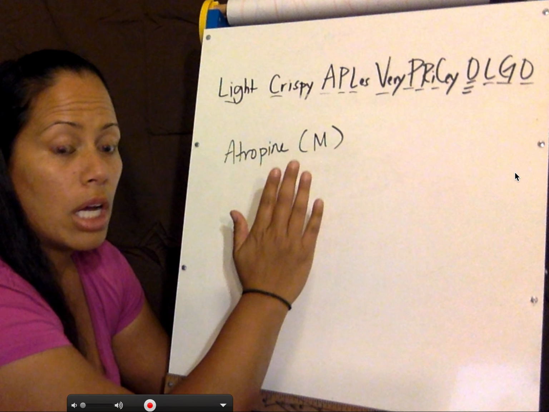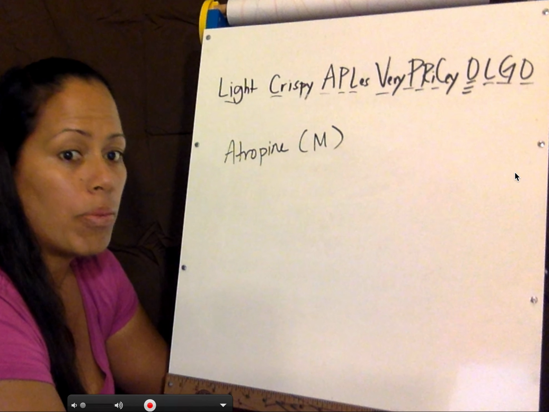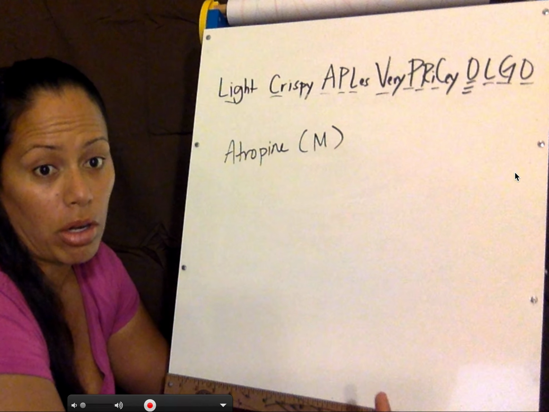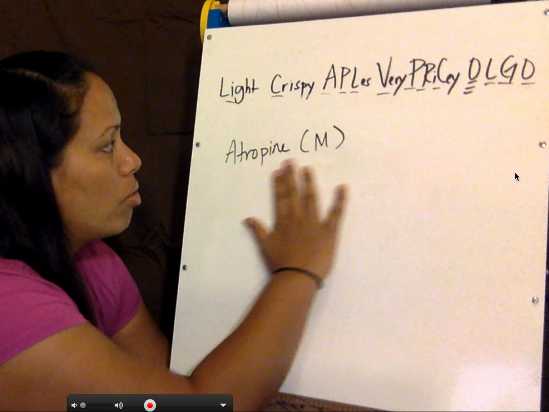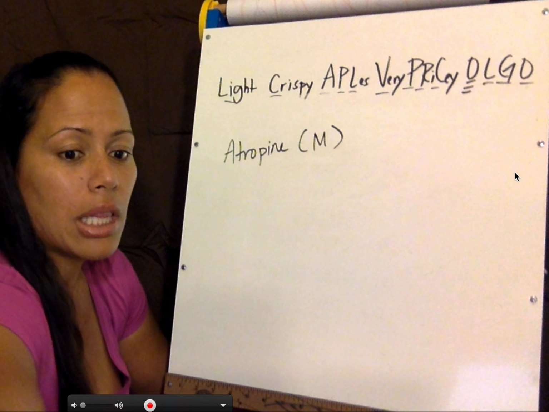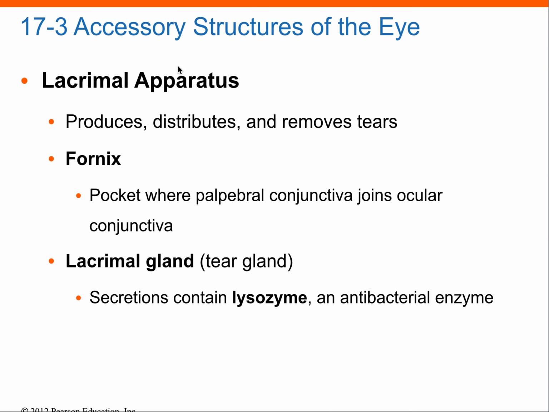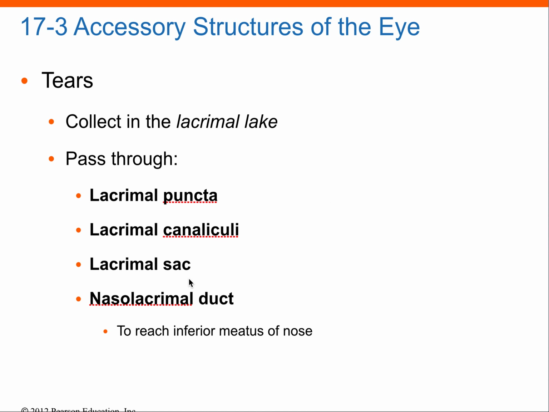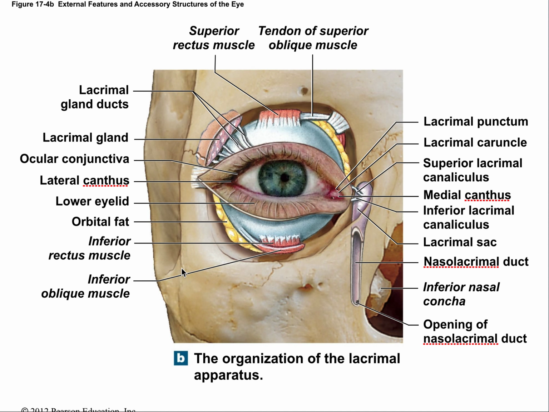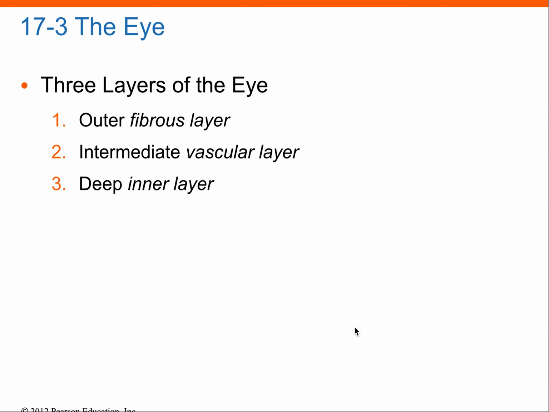That means the heart rate is going to go up, cardiac output's going to go up, and this person's blood pressure might also go up because of it. So just food for thought. The lacrimal duct is a passageway that goes from the eye into the nose. So there's always the potential for medication that's used for the eye to essentially get into the system.